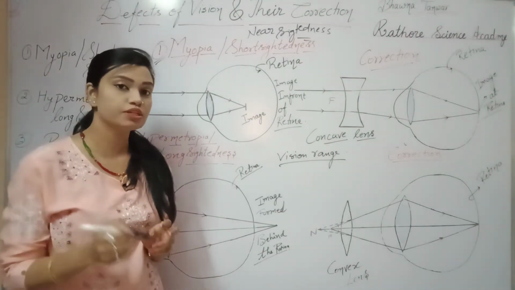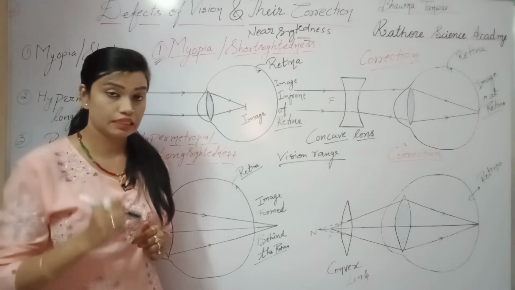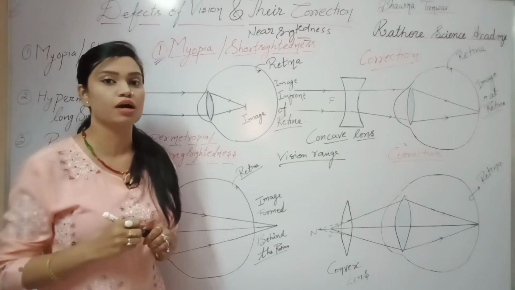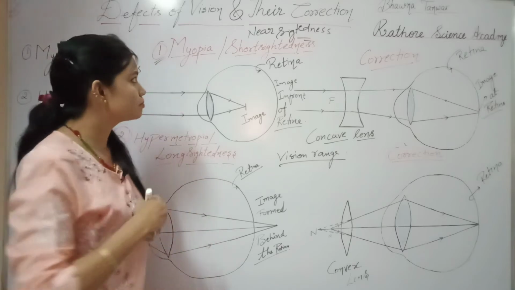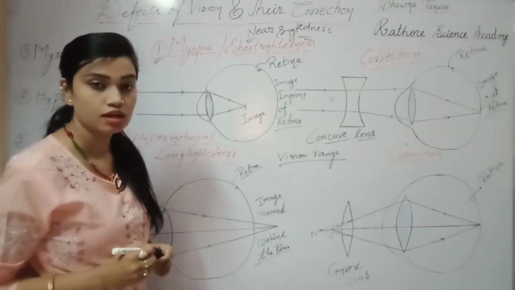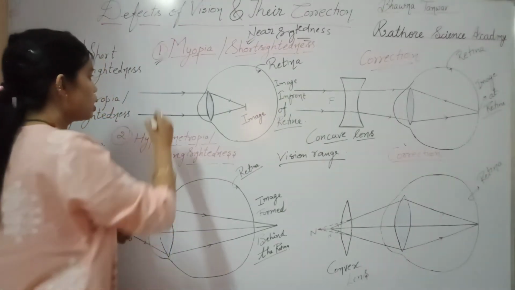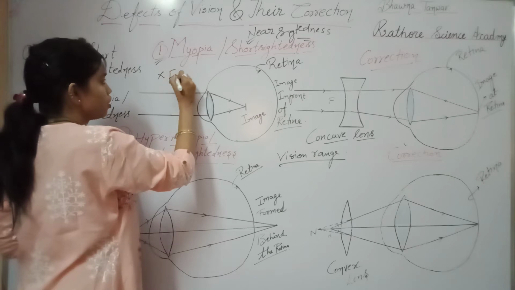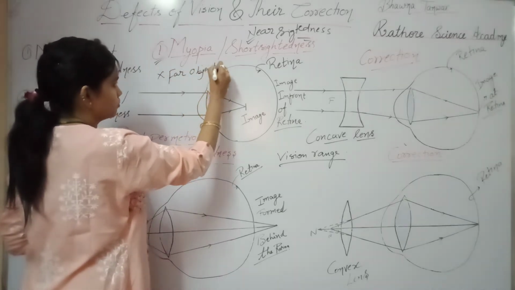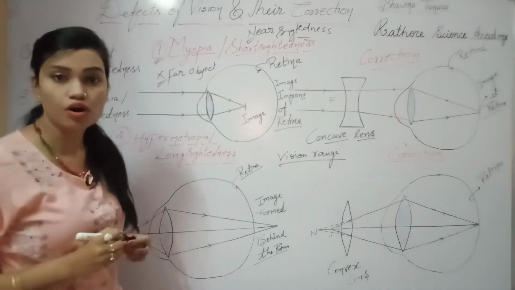So what happens in this defect? The persons who are suffering from myopia are able to see near objects, but not able to see far objects.